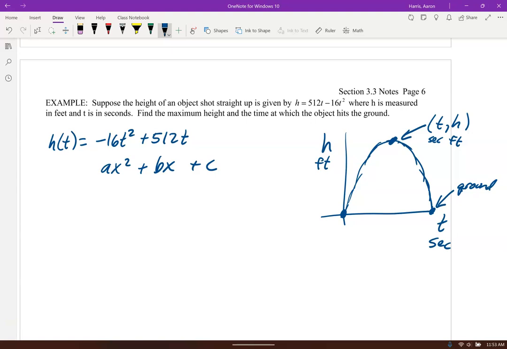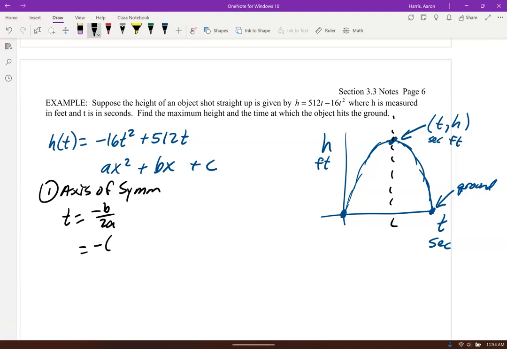Well, let's go ahead and find, number 1, where's the vertex? Well, the vertex is on the axis of symmetry. t equals negative b over 2a. b is 512, 2 times negative 16. So t ends up being negative 512 over negative 32.